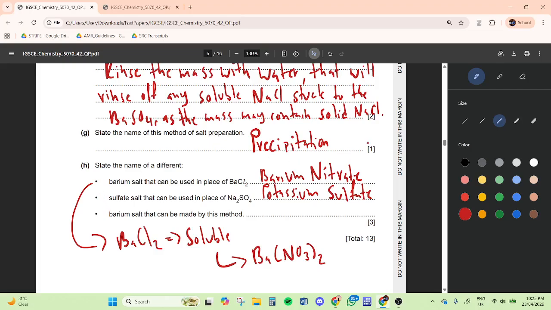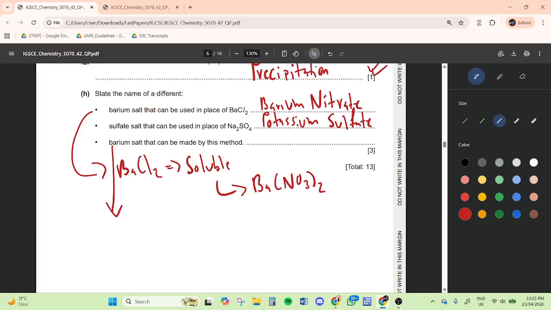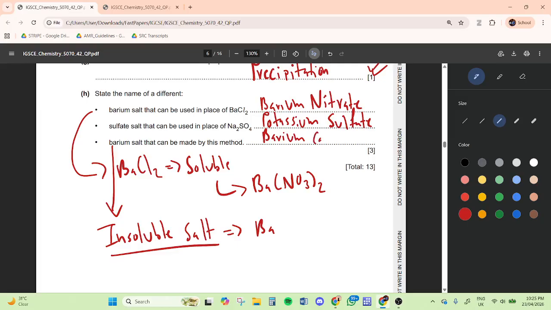We're doing a precipitation reaction, right? So we're looking for another insoluble salt. What barium salt can you say is insoluble? Well, what about barium carbonate? So you can just write barium carbonate over here.